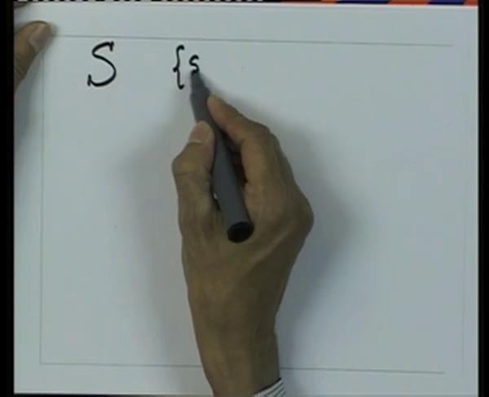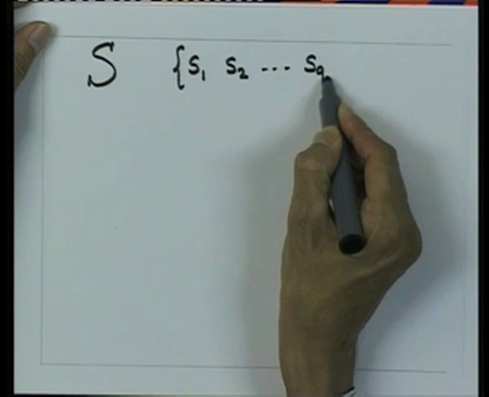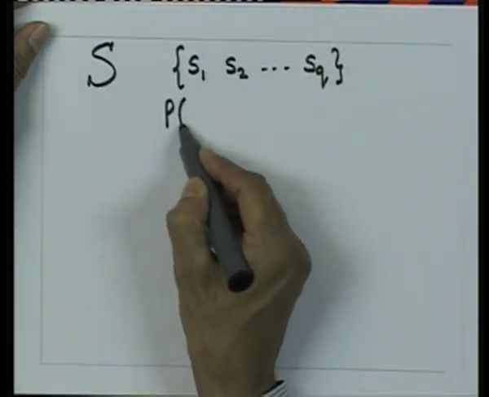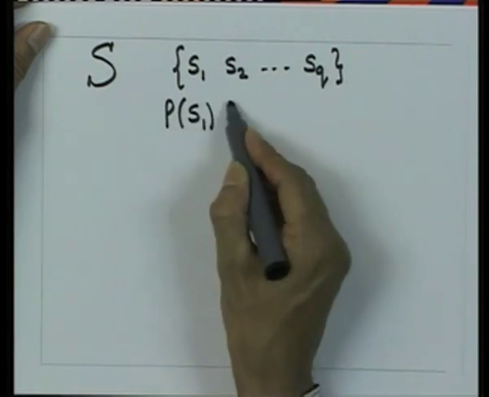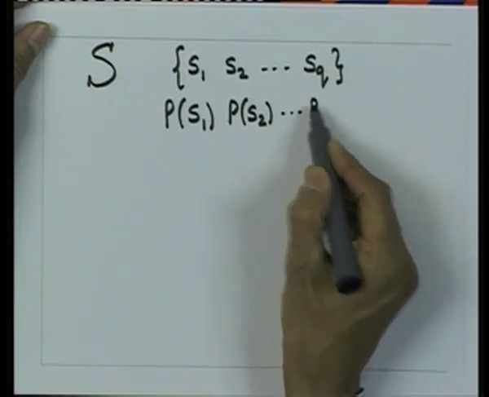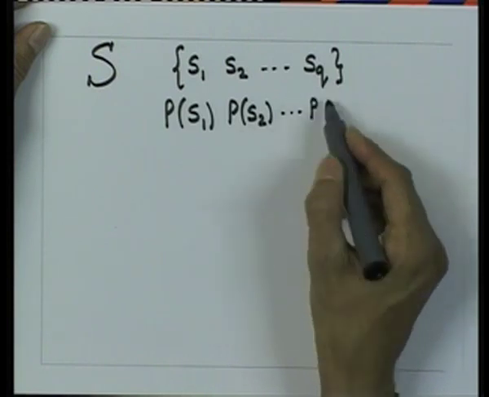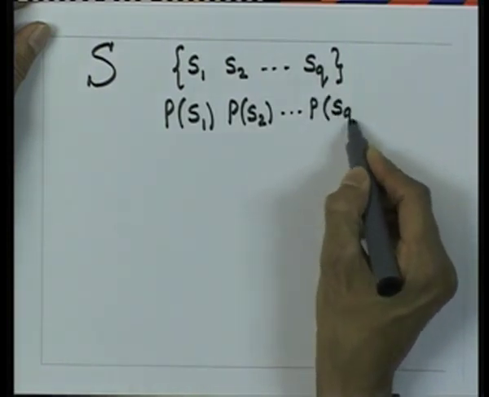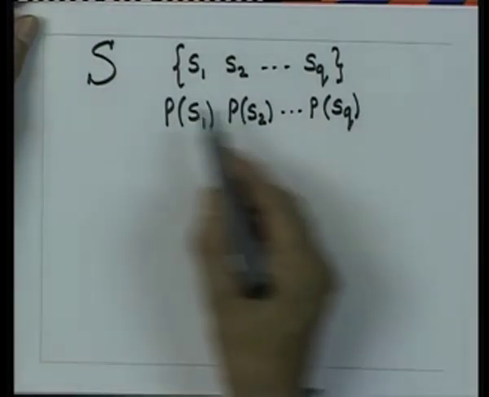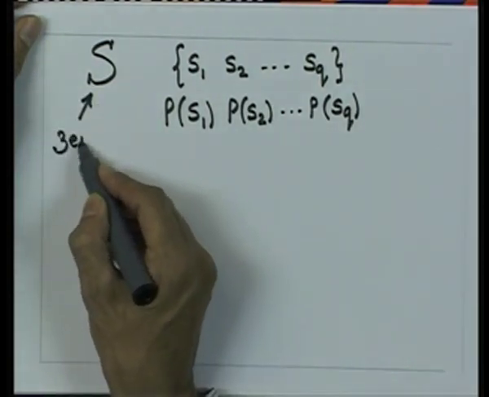I assume the source alphabet is S1, S2 up to SQ, which are the symbols of the source alphabet. Along with that, I get the probabilities for the symbols, or sometimes the symbols in the source alphabet are also known as letters. The probabilities associated with the letters of the alphabet are also given to me, and I assume that the source S is a zero memory source.